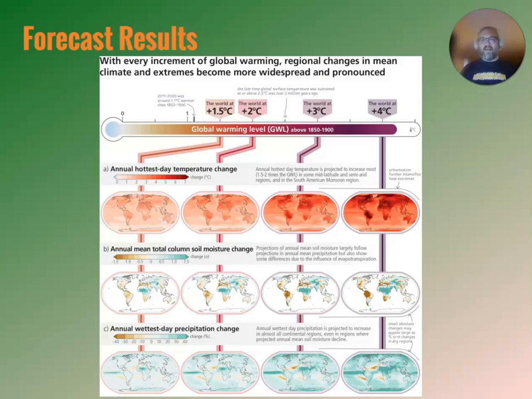So if we were only looking at that global average, we would think that changes in soil moisture are not going to be a big deal because it's not going to change very much. But in fact, what we're seeing is that some areas are going to get much wetter, some areas are going to get much drier, and either of those could be a problem. Obviously, dry soils are going to make it hard for crops to grow because they can't get the moisture that they need for their growth.